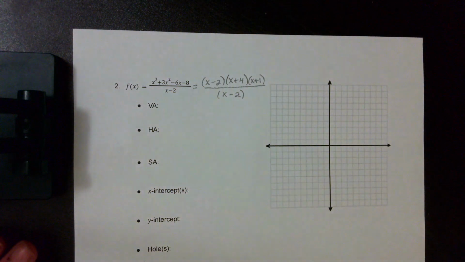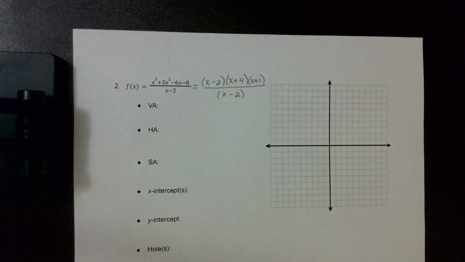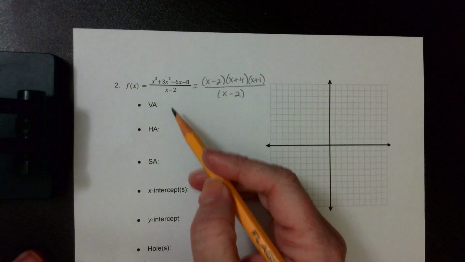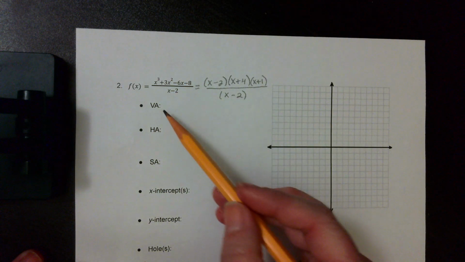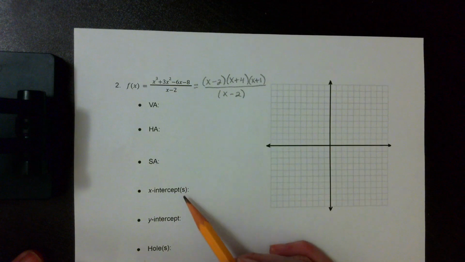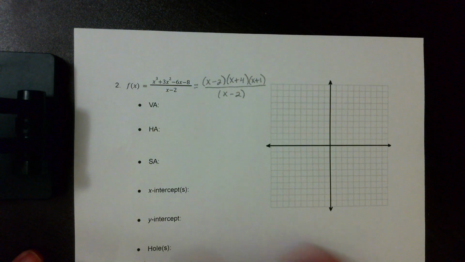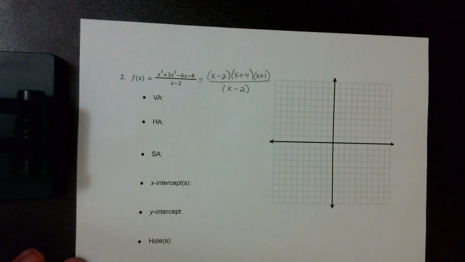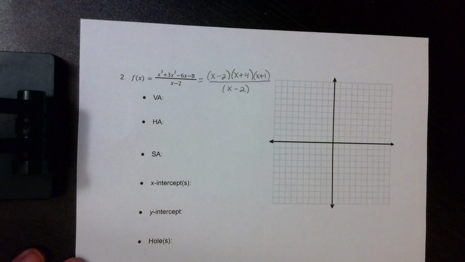So now at this point, you do not need to do these things in the order that they appear in our list. Okay, we're looking for vertical asymptote, horizontal asymptote, slant asymptote, x-intercepts, y-intercepts, and holes. So the first thing that I always look for is to see if there's anything I can divide out. And if I can divide something out, the x value that corresponds to that factor is where my hole is.